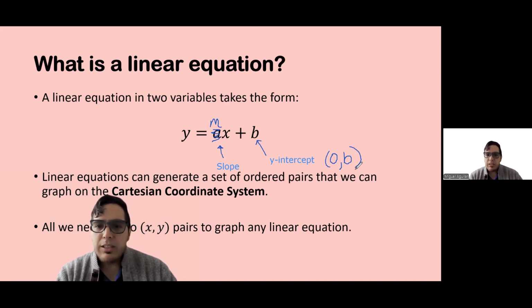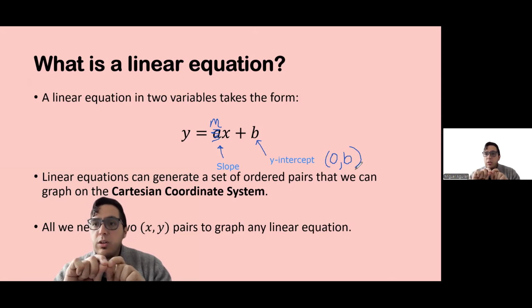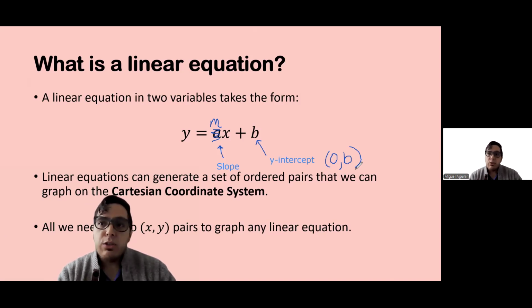For linear equations, we only need to find two ordered pairs in order to graph the entire linear equation, because as long as we have two points, we can draw a straight line through them, and that will be everything that we need. But we're going to have to do that for more than one equation at once. Okay, so let's take a look.